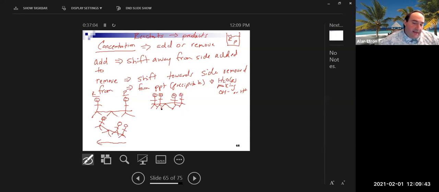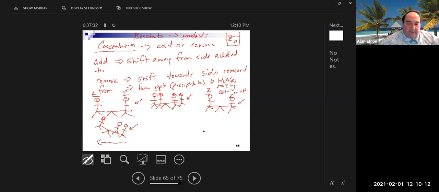So we were at equilibrium here. We added more products. It needed to shift to the reactant side to make more reactants to once again reach equilibrium. Same thing could happen if we do the opposite and remove somebody. Assuming this guy is my reactants, this guy over here is my products. Let's say this guy decides to hop off.